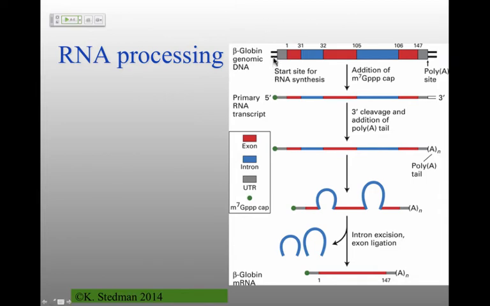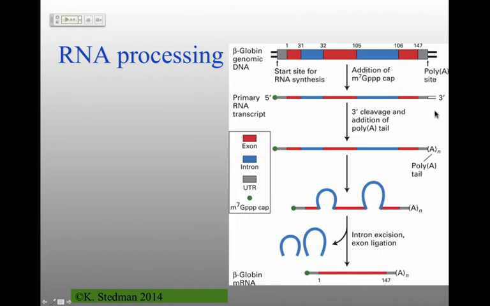However, when these pieces of DNA are transcribed, the template has both exons and introns in it. So you make this so-called primary transcript with lots of introns and exons in it. You put a 5' cap on the end, and again, we'll talk about that cap structure much more later on.